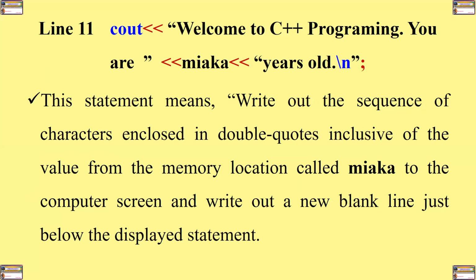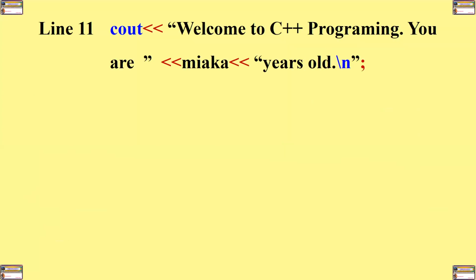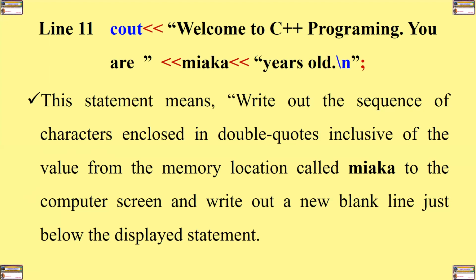So this statement means write out the sequence of characters enclosed in double quotes, inclusive of the value from the memory location called miaka, to the computer screen, and write out a new blank line just below the displayed statement.